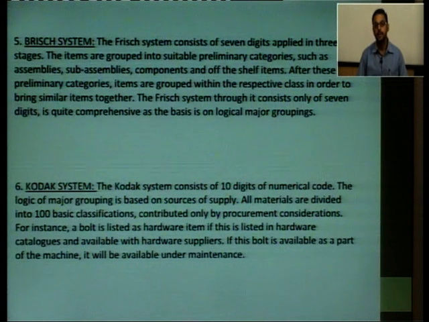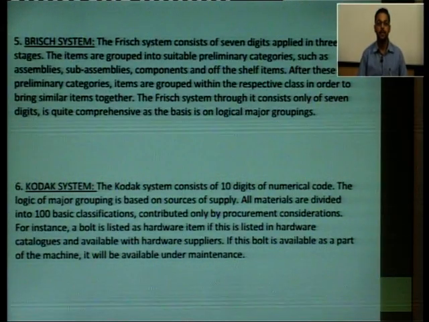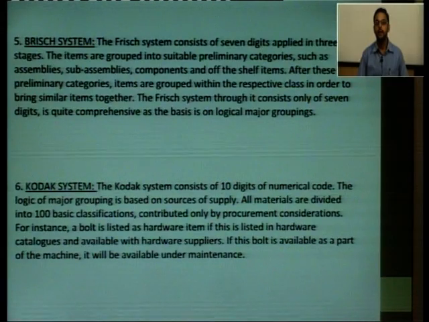For instance, a bolt is listed as a hardware item if it is listed in hardware catalogs and available with hardware suppliers. If the bolt is available as a part of the machine, it will be listed under maintenance. I hope the students are getting what I want to deliver to them.